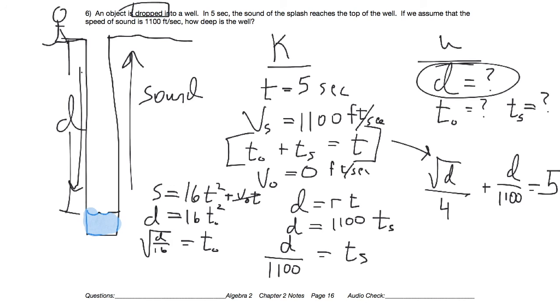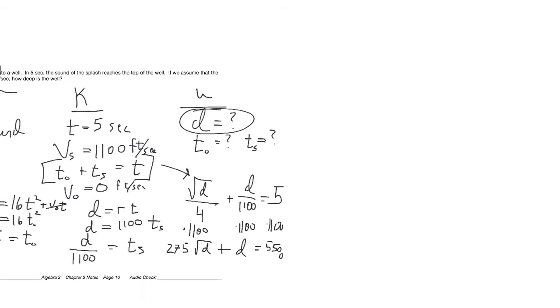Now here's an equation that is reducible to quadratic. If we clear the fraction by multiplying by the least common denominator, that's 1,100, we just multiply all the terms by 1,100. We get d, that gets cleared. We get 5,500, and we get 275 times the square root of d.